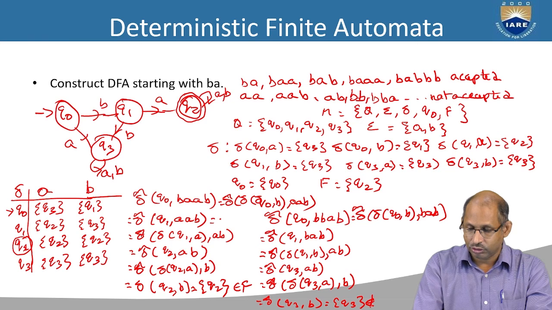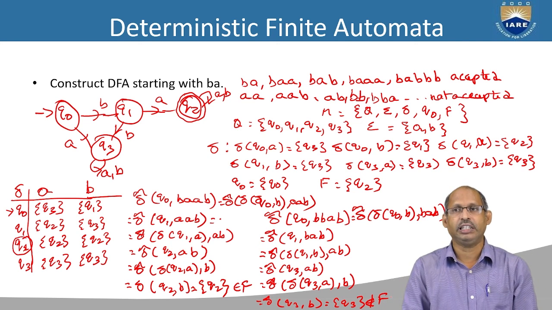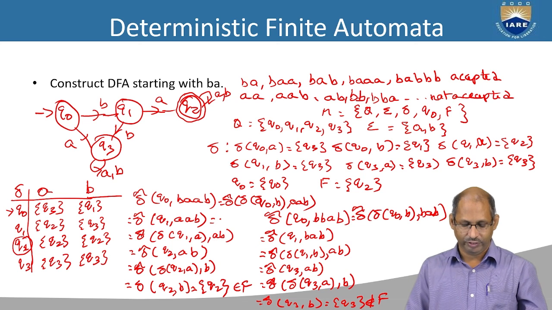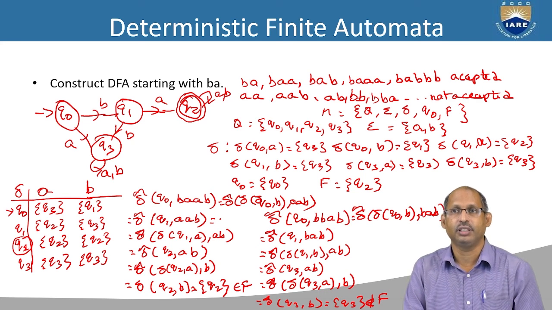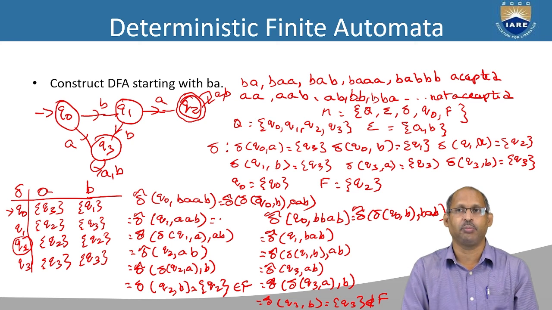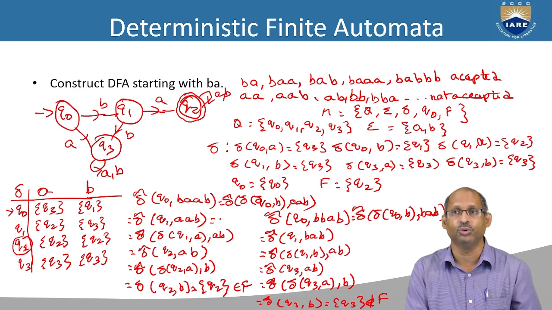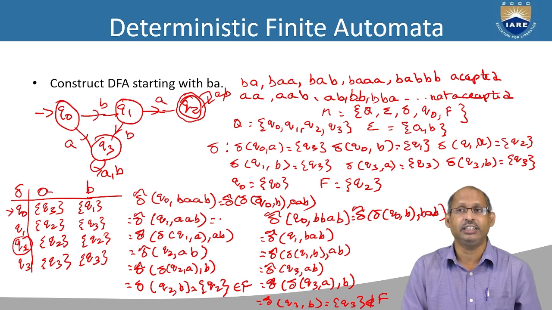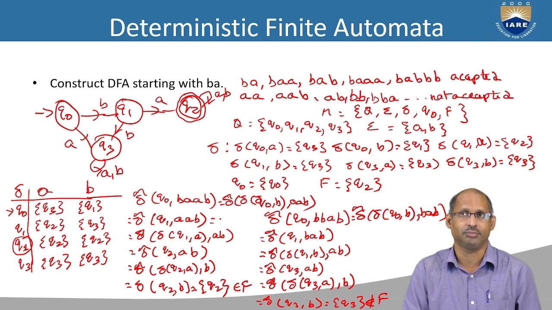So this is not a final state. Here, if we consider the input string BBAB, it results from the Q0 initial state to a non-final state Q3. The Q3 is a non-final state, so simply we say the string is not accepted.